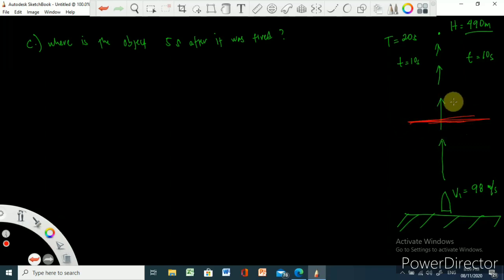And what is the midway of 490 meters? 490 divided by 2, which is around 245 meters. So can we assume that? Since at 10 seconds it's at 490, at 5 seconds it's probably at 245 meters.